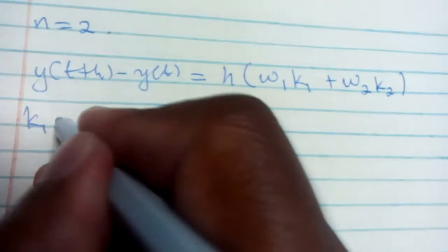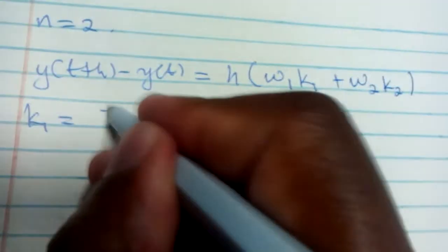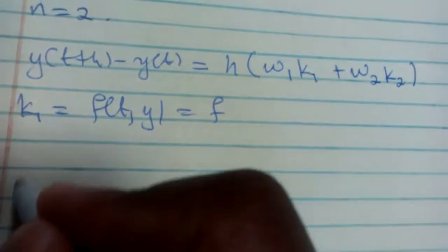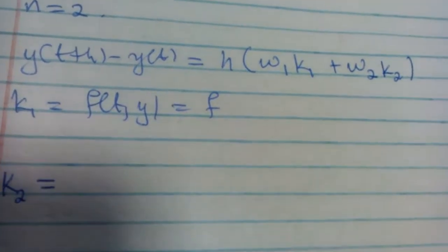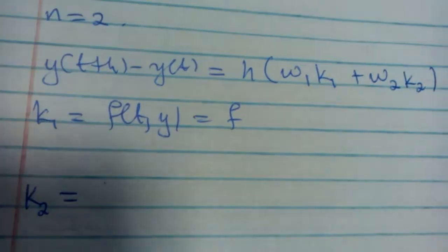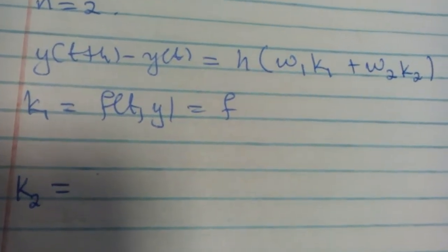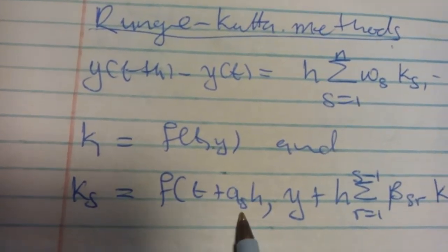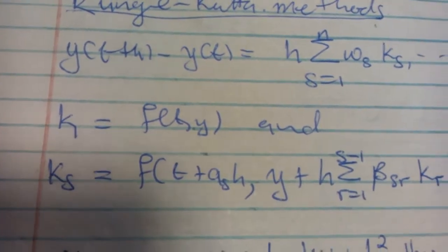Here k1 is equal to f(t, y), or simply equal to f, and our k2 is given by what? By k2 according to this formula here, when s is equal to 2. It's going to be given by that.